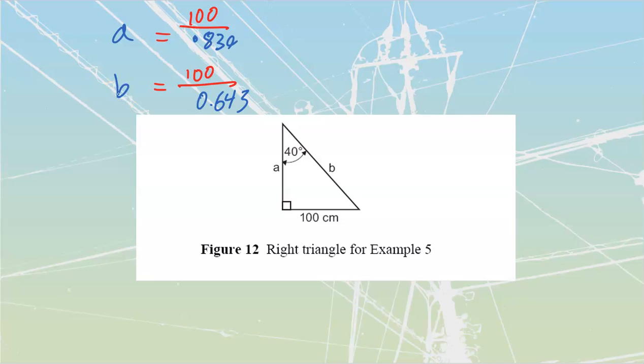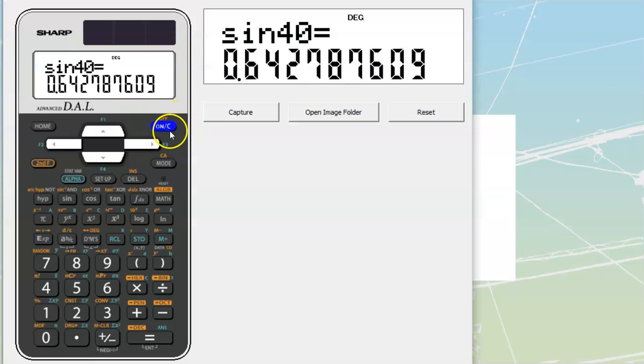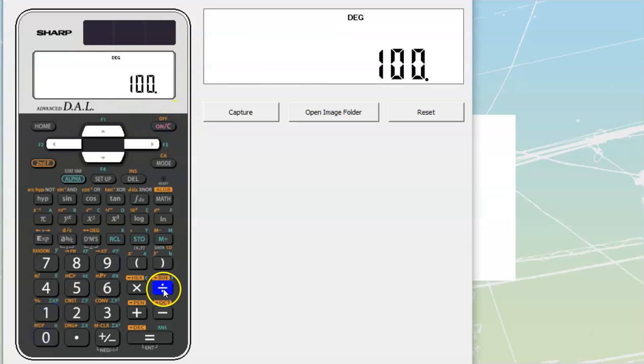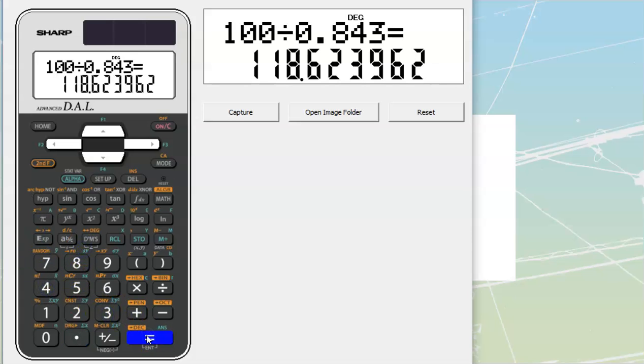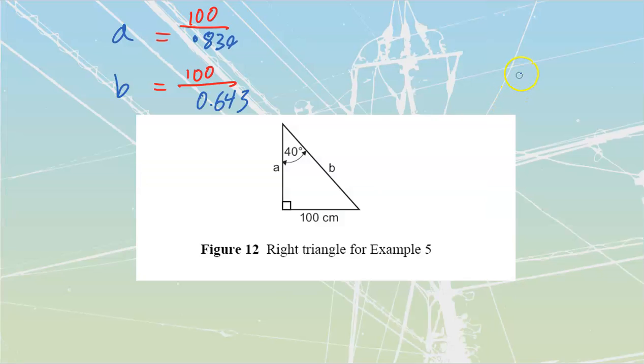And now we just have to take these values and divide them. If I take 100 divided by 0.839, that gets me to a value of 118.62. So my a would have to be 118.62.